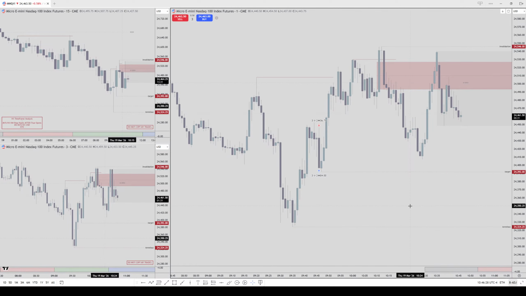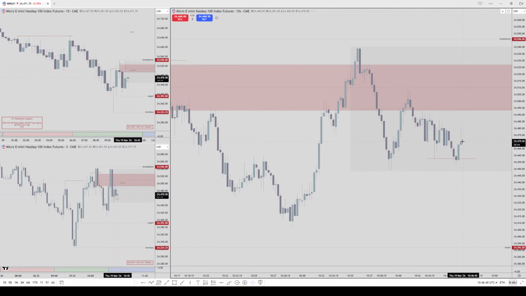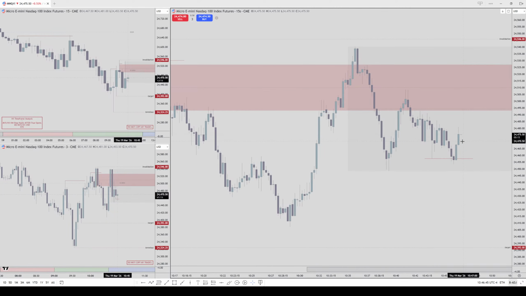Okay. Took out a short-term low right here on a 1 minute. Looking to see if we CSD the 15 seconds.